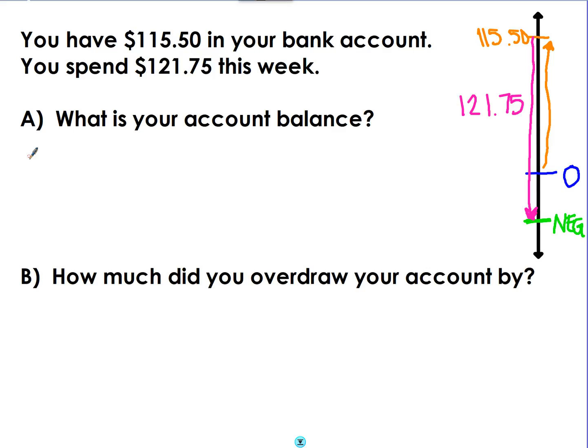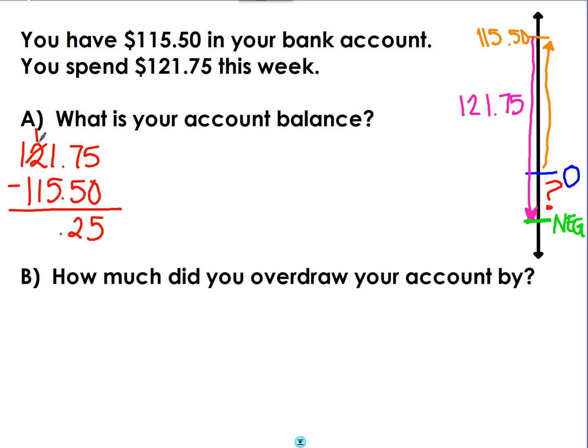So most of you probably should be able to figure out how to find this little piece. And so since we already know that our account balance is negative, you would take your $121.75 and subtract away $115.50. And so we end up with 2.